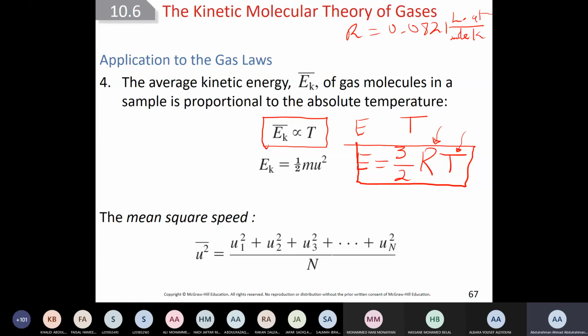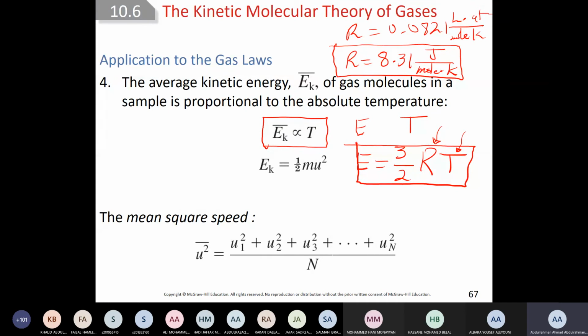No, we're going to use another R, which is the same R, but with different units, and that's why it will be 8.31 joule per mole Kelvin. And don't memorize the number. As I said, it's available for you in the periodic table.